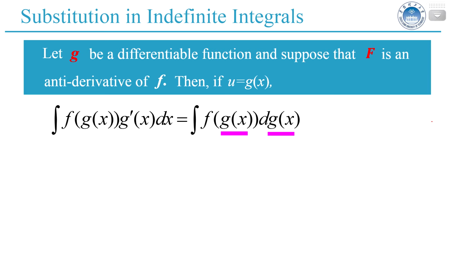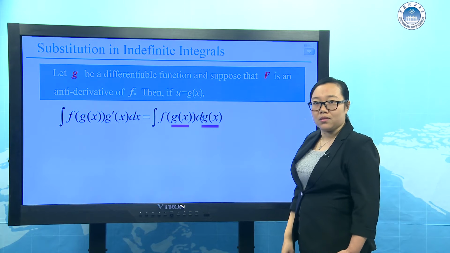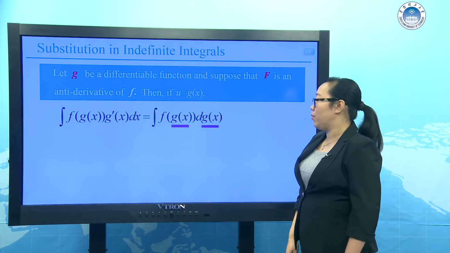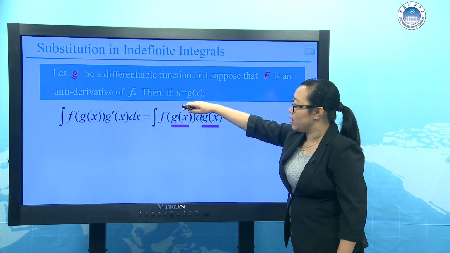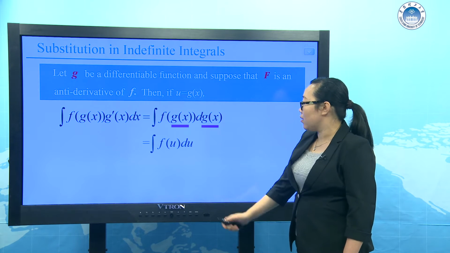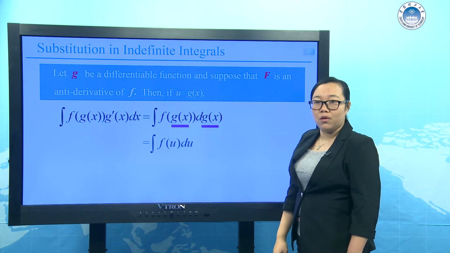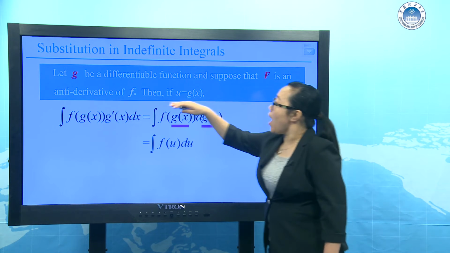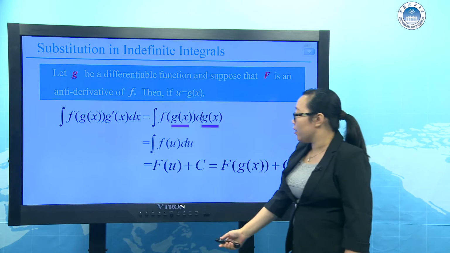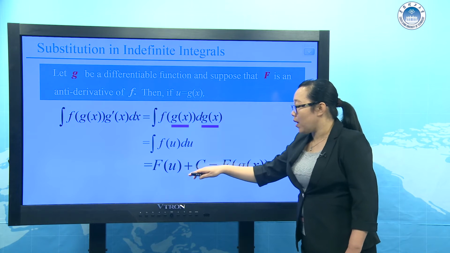Pay attention to g(x) and d g(x): they are the same variable. According to the given condition u equals g(x), so we get the integral of f(u) du. And by the other given condition, capital F is an antiderivative, so we get capital F(u) plus c.